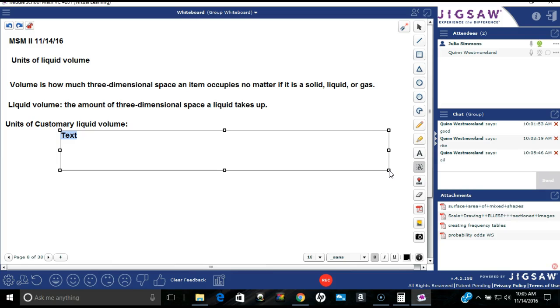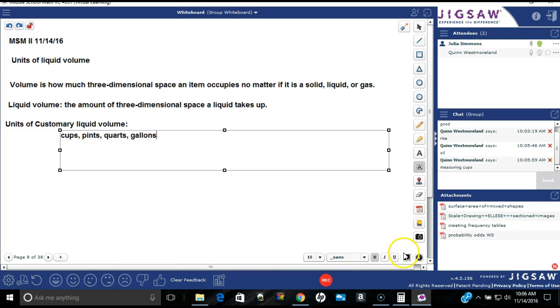We'll use it for oil, water, milk, anything that we would use for cooking. But what I'm saying is the units that we use for cooking. So the units of liquid volume are cups, pints, quarts, and gallons.